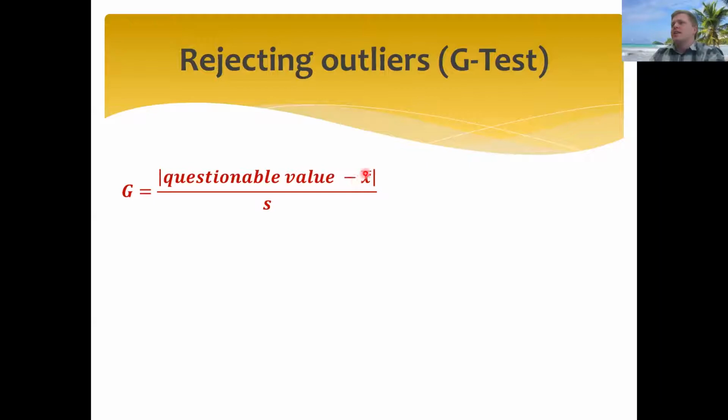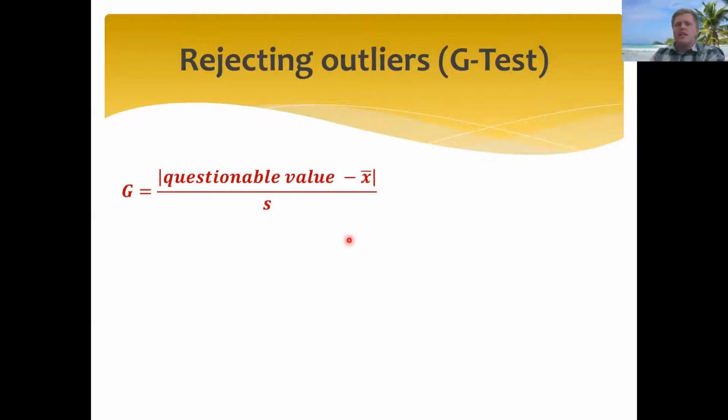You subtract the average of all your values that you got, and you'll notice this is in absolute value lines. So this top part will always be positive, and your G value will always be positive. And you divide that by the standard deviation of all of your measurements. So this standard deviation value here and this average value also include your questionable value in them.